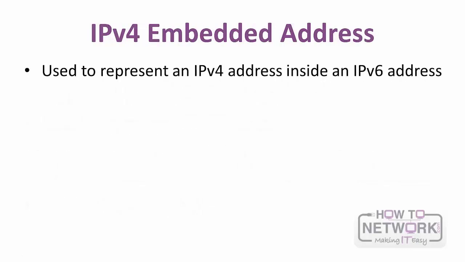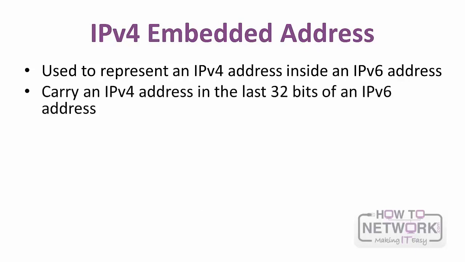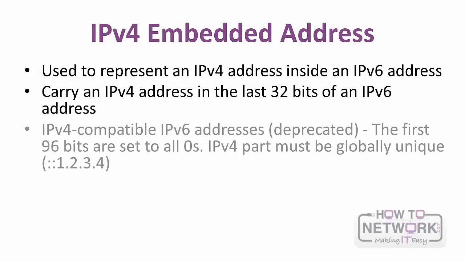IPv4 embedded addresses are used to represent an IPv4 address inside an IPv6 address. These addresses carry an IPv4 address in the last 32 bits of IPv6 addresses and are used to help the transition from IPv4 to IPv6. There are two types of IPv4 embedded addresses: IPv4 compatible IPv6 addresses, which are deprecated.